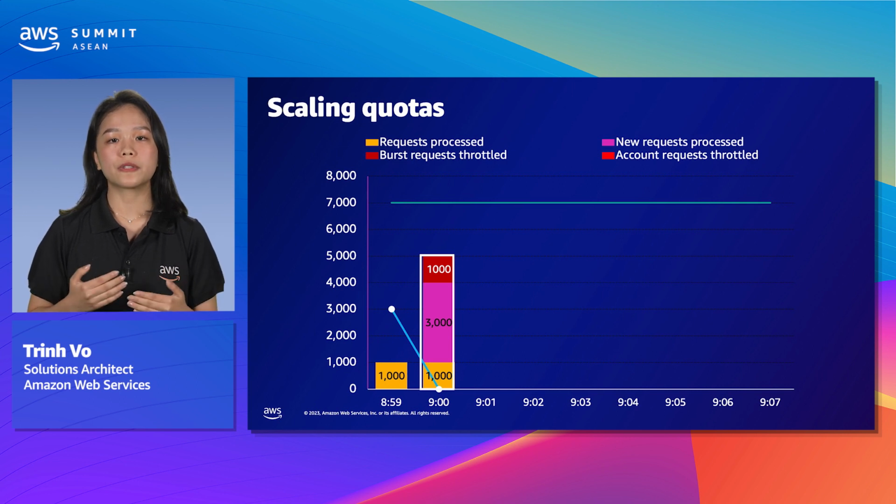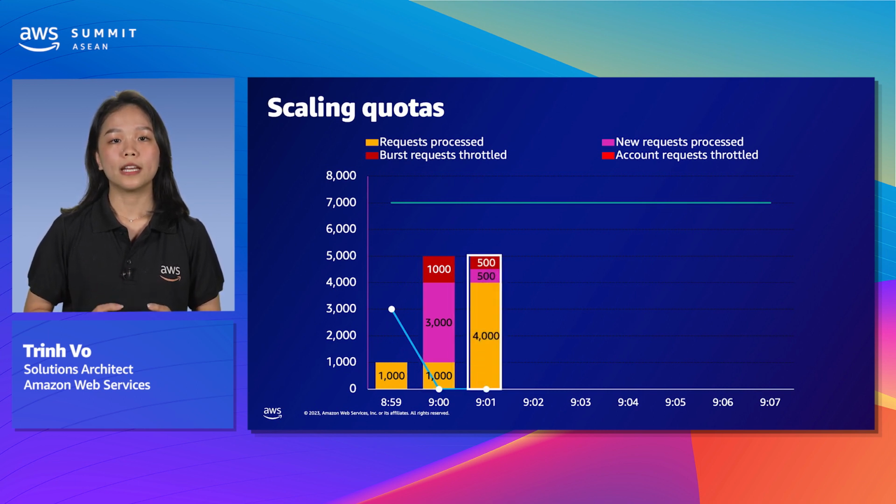Lambda then used up the 3,000 available burst quota to create new environments. The remaining 1,000 requests are throttled, as there is not enough burst concurrency available. In the next minute, Lambda scales by another 500 concurrent invokes per minute, as the burst concurrency is used up, and 500 requests are still throttled.